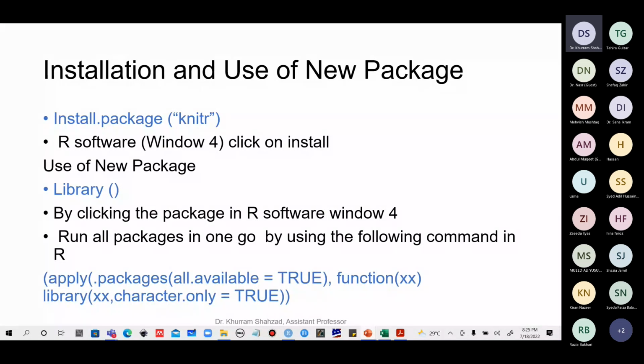So the packages are already installed in our software, but you have to activate that package, and it can be activated through the library function. So you write library and then the package name, and this package will be activated. You have to activate all packages for performing functions, and through this command you can activate all packages in one go.